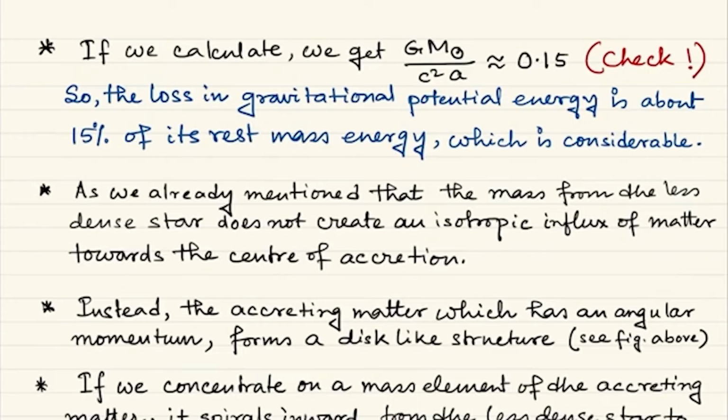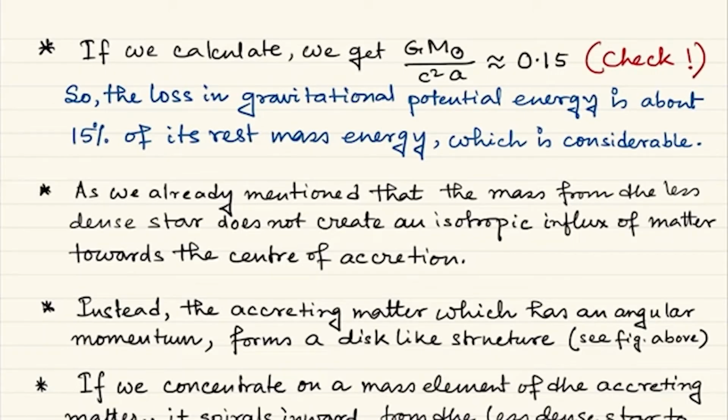Okay, so then we finally could show that in the formation of this accretion disk, that means in the case where the mass is lost in a binary system of a less dense star and a highly compact star, the loss in gravitational potential energy is a considerable source of energy production, although we could not compare this with nuclear reaction.